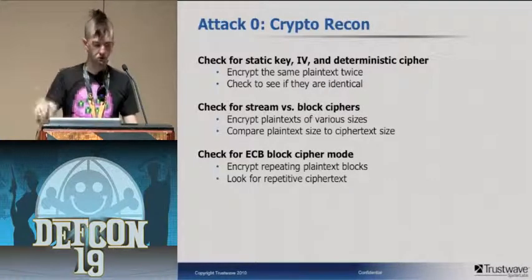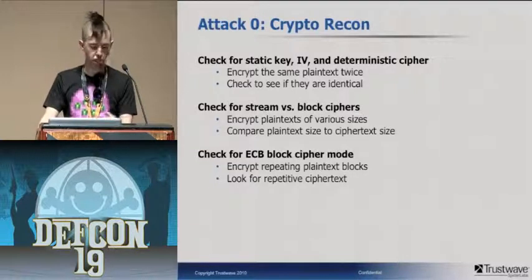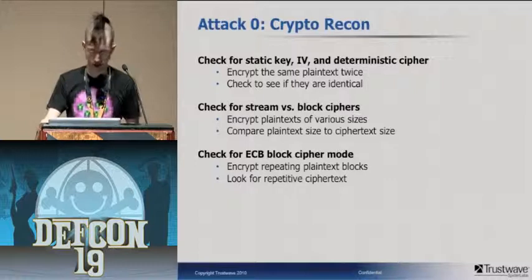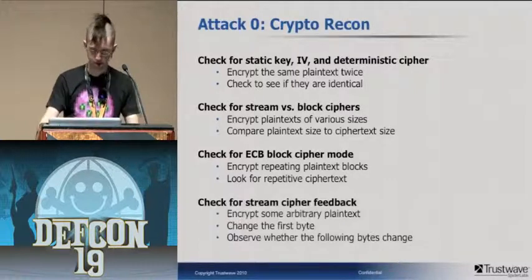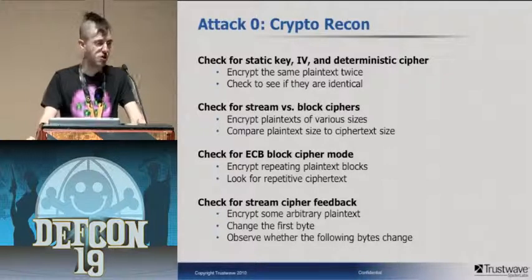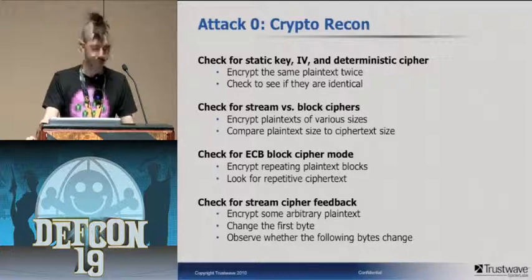So you can see those patterns. You can try to get it to produce that behavior with an encryption oracle. And with ECB, you can obviously see how that's a problem, because we can then take those blocks and rearrange them however we like.